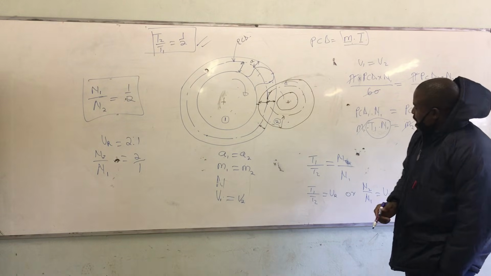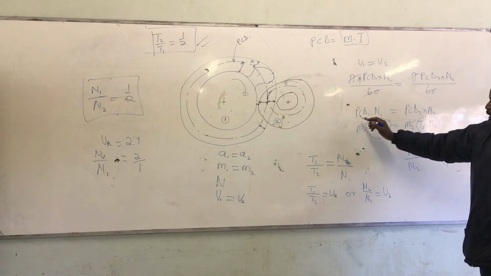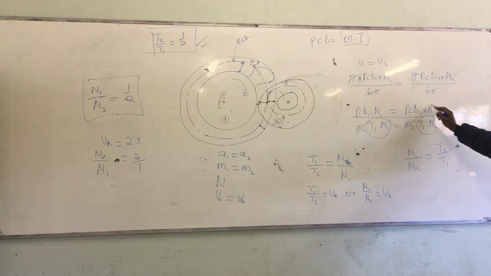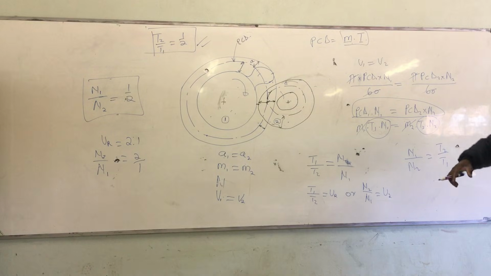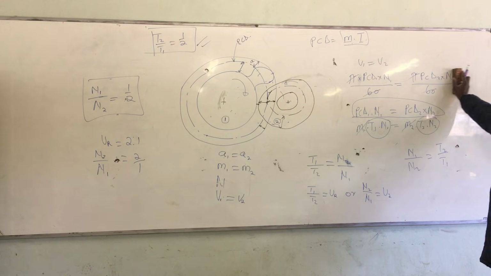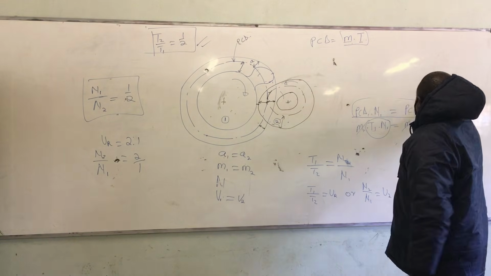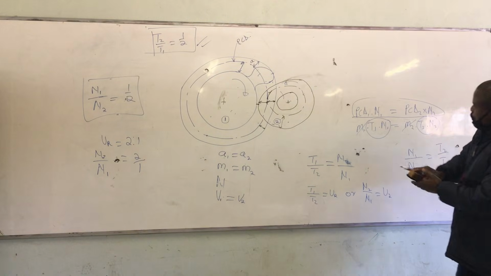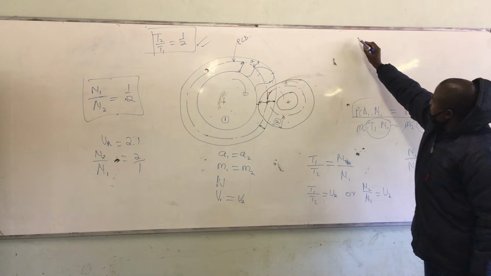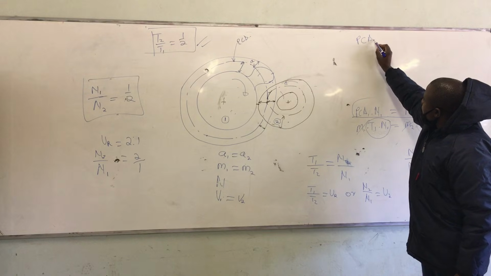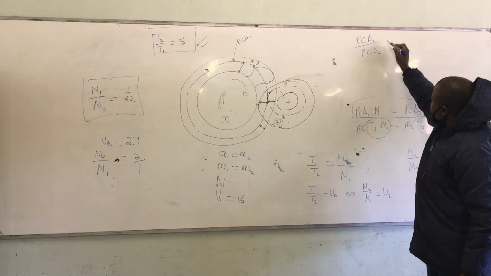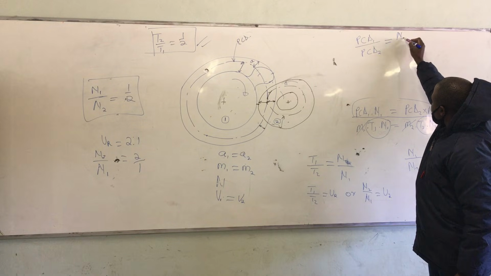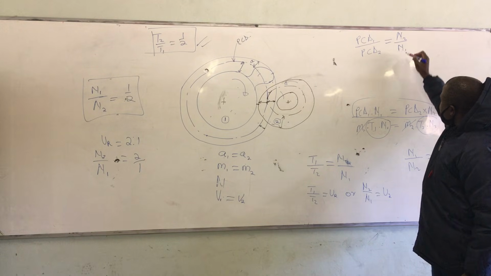So okay, even though this one is red, can you see? If you check this one, it is the PCD. I guess you've already seen this. This one, I can say PCD1 over PCD2 is equal to N2 over N1.